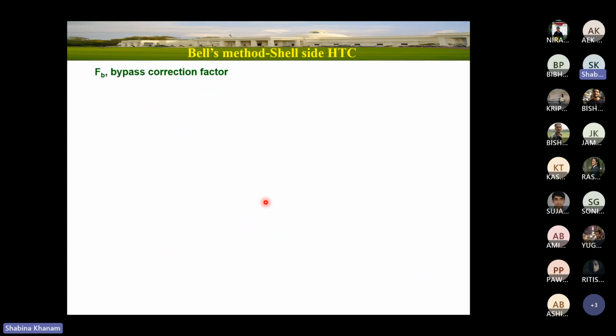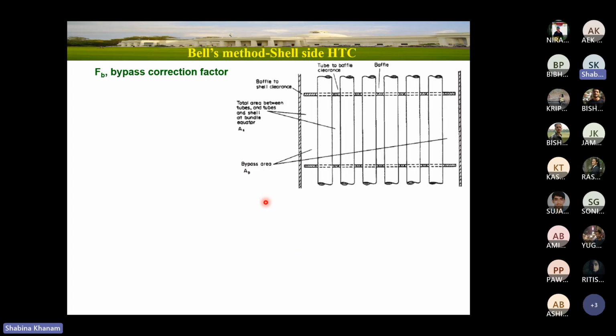And when we consider this FB, that is the bypass correction factor, AB is this, which depends on LB, that is baffle spacing, into clearance, that is DS minus DB. So this and this area will be counted as AB.